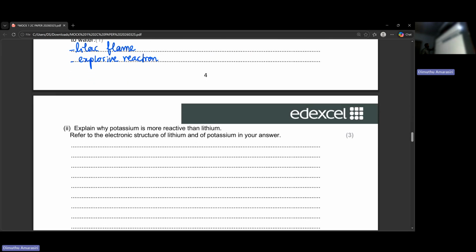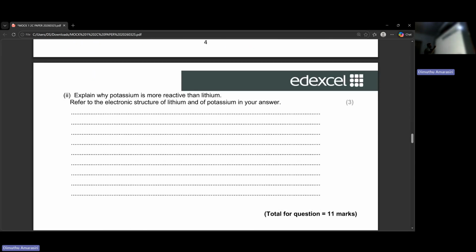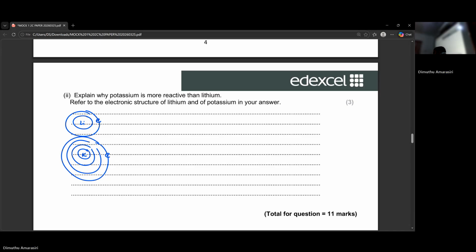Right. Explain why potassium is more reactive than lithium. What's the first thing you are going to say? Lithium has only 2 shells. Potassium has how many shells? 4 shells. Right. Therefore, the last electron is away from the nucleus, less attracted to the nucleus, easy to remove. So, for the marks, you must have said atom of potassium is larger than atom of lithium, or potassium has more number of electron shells than lithium.